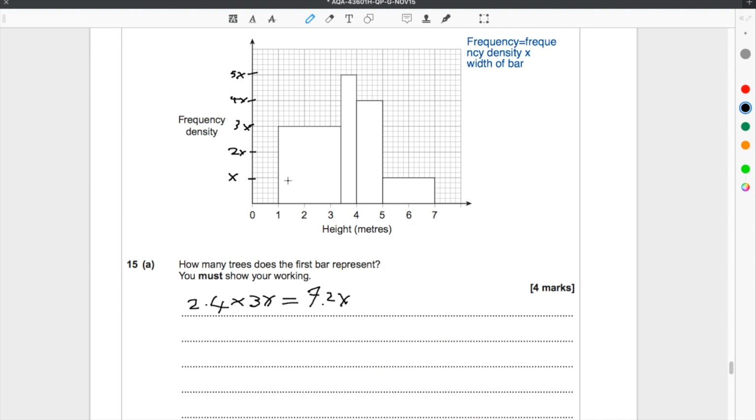In other words, the frequency of this bar is 7.2 times x, x being some height on the frequency density axis. Now with this bar, we have a width of 0.6 and a height of 5x. Well, 0.6 times 5x gives us 3x.